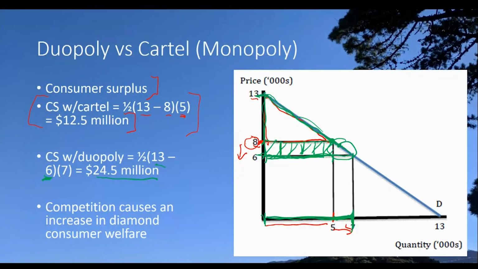All right, so not only does the lower price benefit the current regular customers in the marketplace, consumer surplus is also increasing because of the increase in total consumption, and the lower prices that they get to pay. All right, so the final conclusion down here is that competition is actually causing an increase in diamond consumer welfare. All right, so now we've got a trade-off taking place because of competition. Note, we've got firms who are doing a little bit worse. We've got consumers of the product who are doing a little bit better.